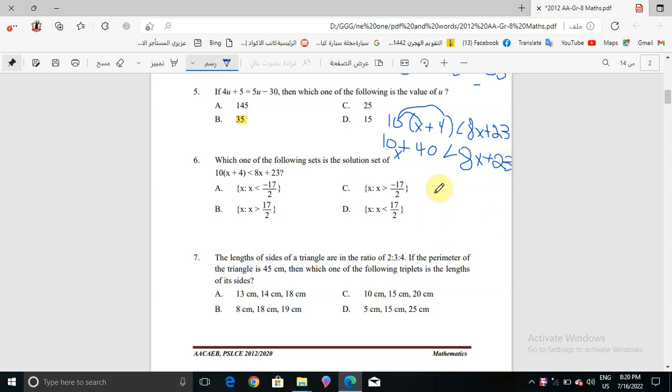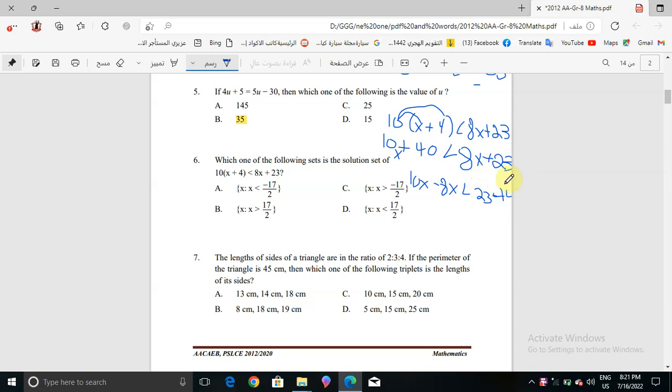right? Okay, then what we will do here, 10x minus 8x less than 23 minus 40, right?